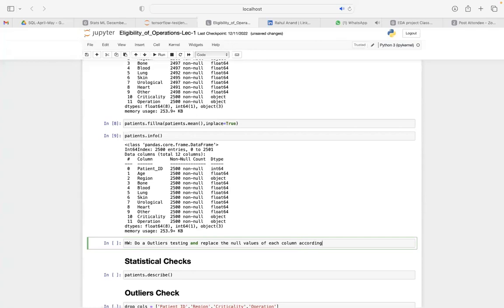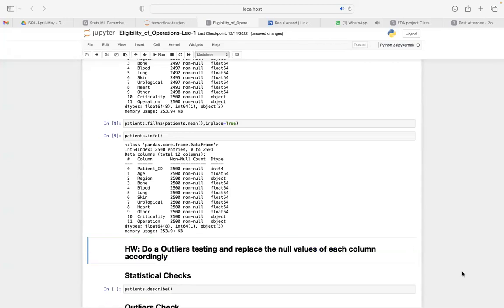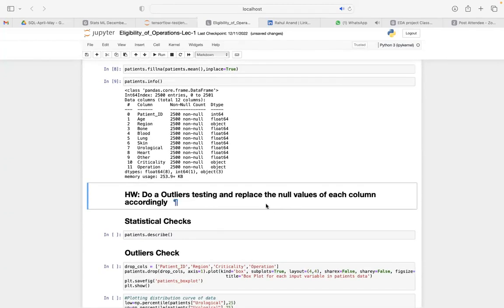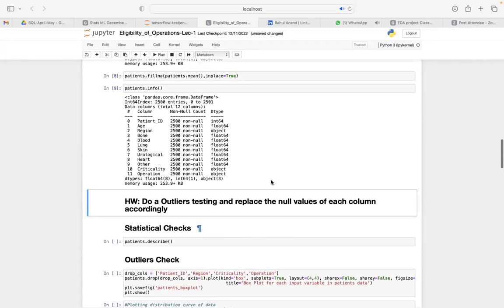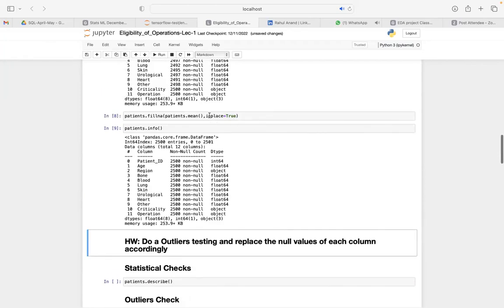Now, why I'm saying accordingly, you should have an idea of what exactly happens when you get an outlier in the data, and whether you replace it with mean or median or maybe mode. Okay. So you need to do it. For now, if you want to replace it in the entire data, just replace it with mean.